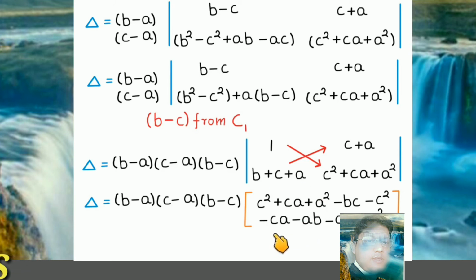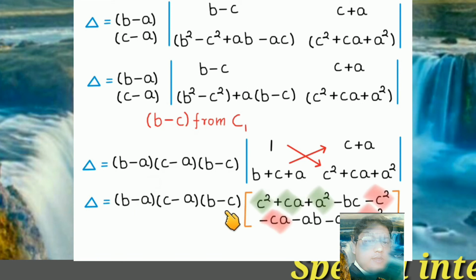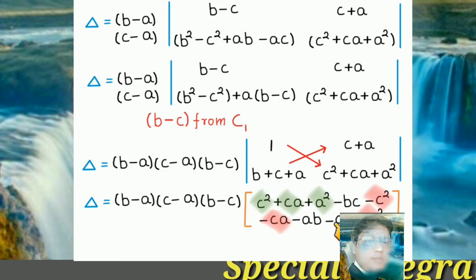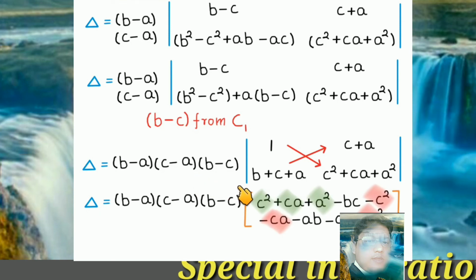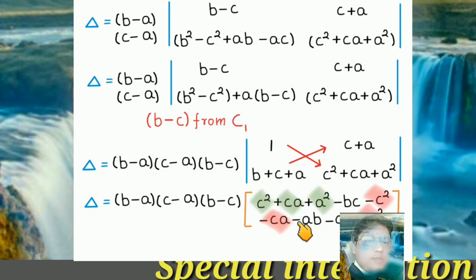So my students, ca minus ca plus ca cancel, and plus c square minus c square also cancel. So I have to cancel the remaining parts and remain only minus ab minus bc minus ca, and the remaining portions all cancel. So my students, my question becomes like this.